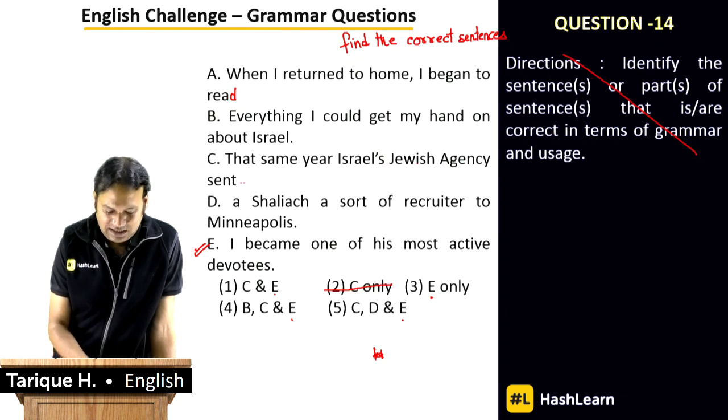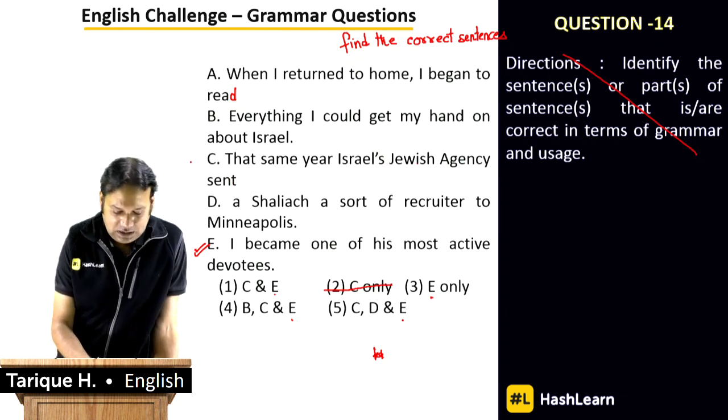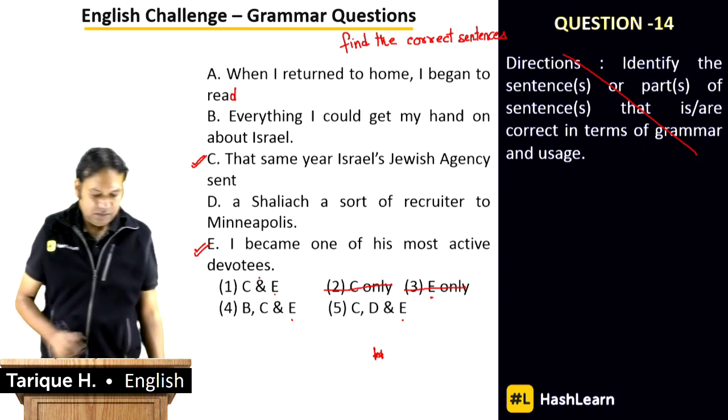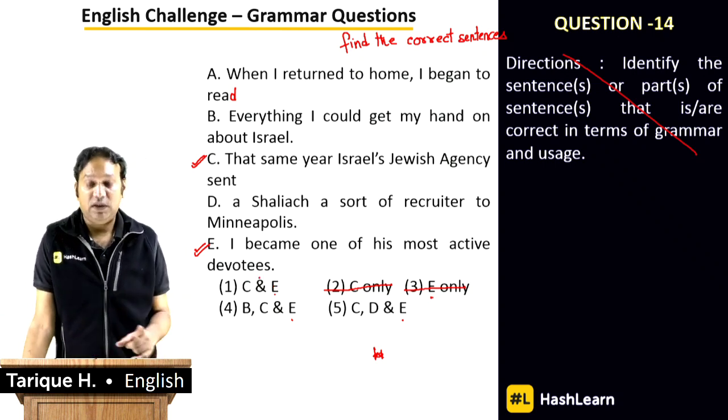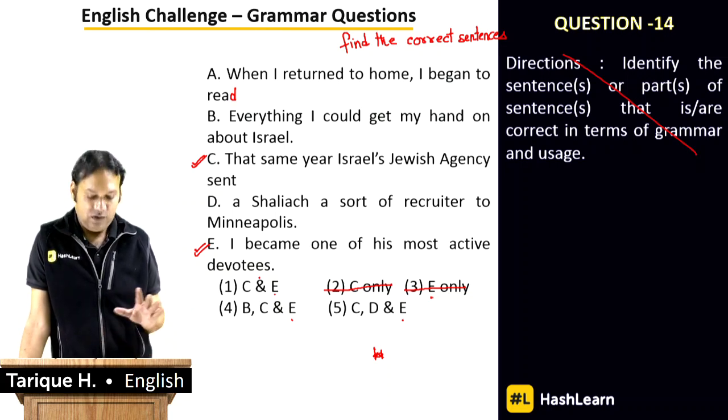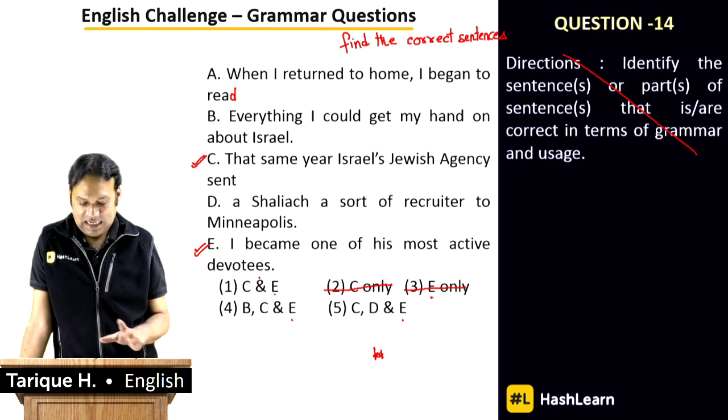Jewish agency sent is also right, it's the past tense. So C is right. So the answer cannot be 3, which is E only. Now we have C and E in the first, fourth and fifth answer options.